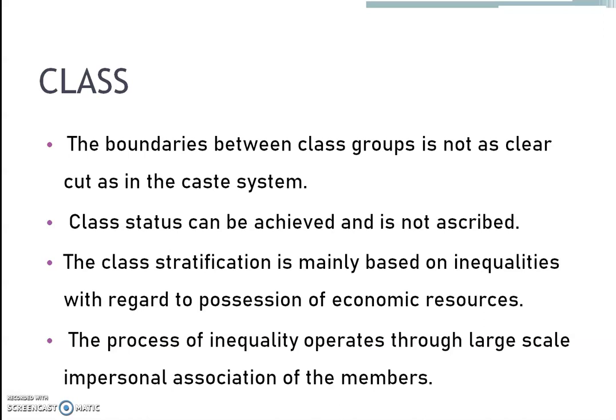As much wealth as you have, as much economic resource as you can possess, your class will also become higher and higher. That is why class is achieved, it is not ascribed. Based on your wealth, based on your economic possession, you can gain your class. You can be born poor, but you can become rich in future, which will ultimately decide your class.